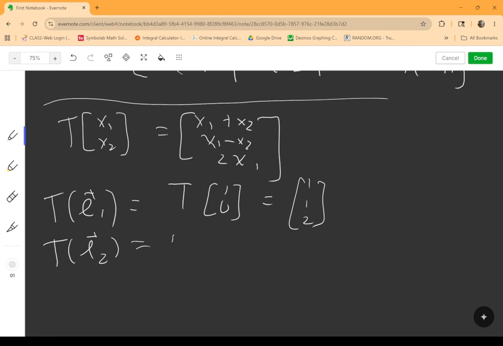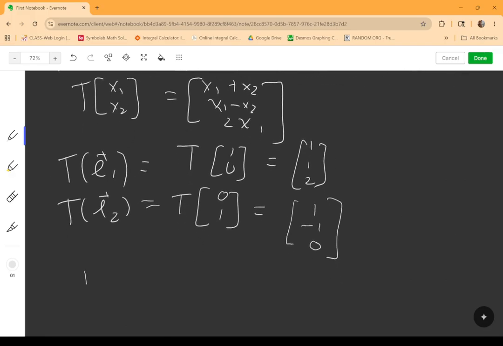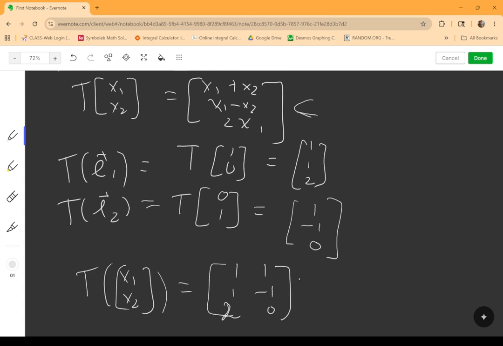And now T of e2 would be T of 0, 1, and this would give me 1, negative 1, 0. So now I can represent T of x1, x2 as the matrix with rows 1, 1, 2 and 1, negative 1, 0, times the vector x1, x2.